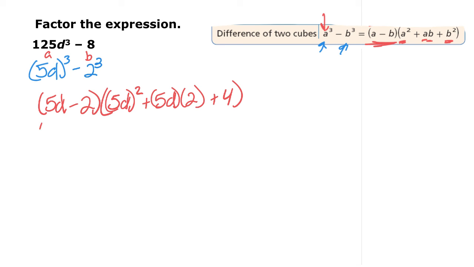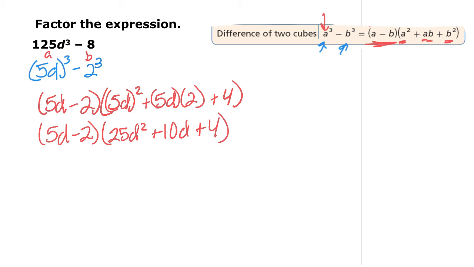And I'm going to simplify, because there is some simplifying we can do. 5d squared would be 5d times 5d, which would be 25d squared. 5d times 2 is 10d plus 4. So there it is, factored as a difference of cubes.